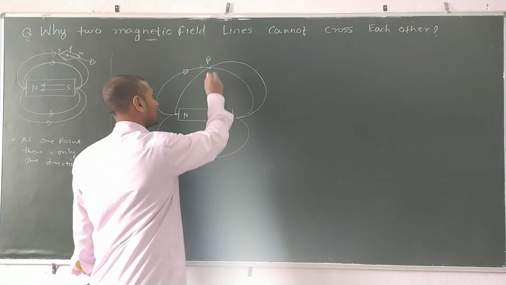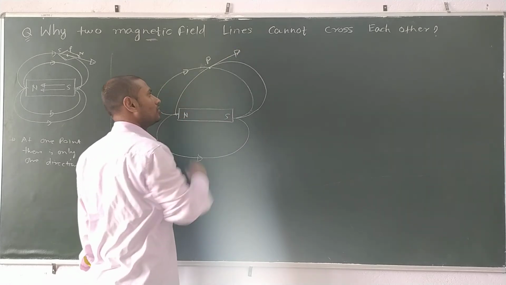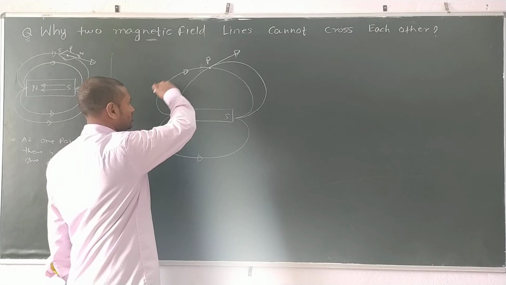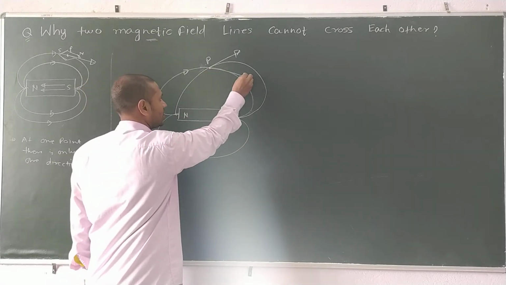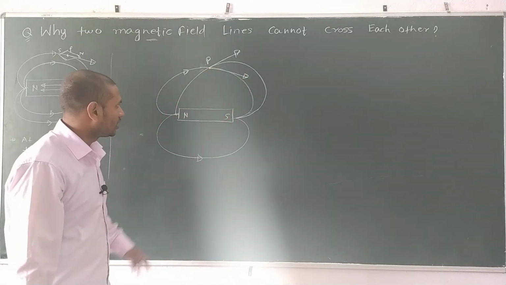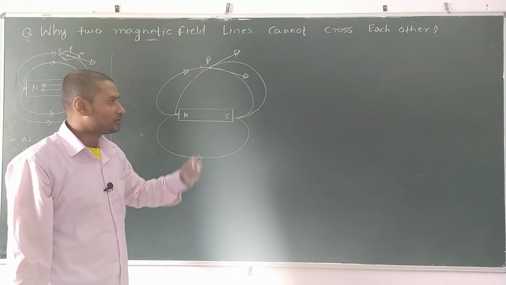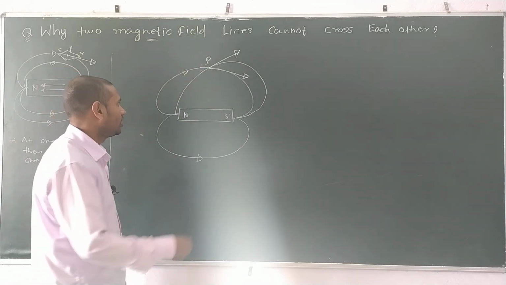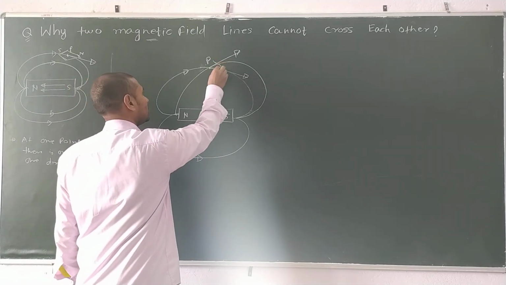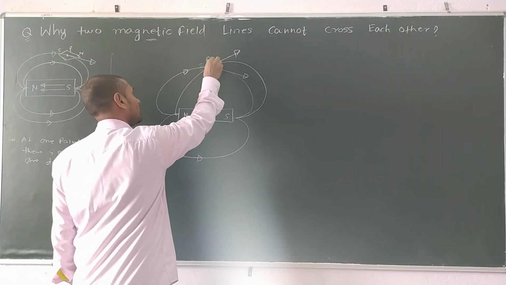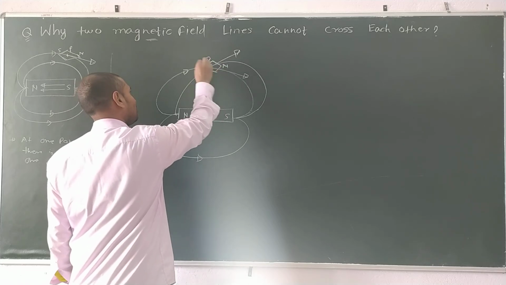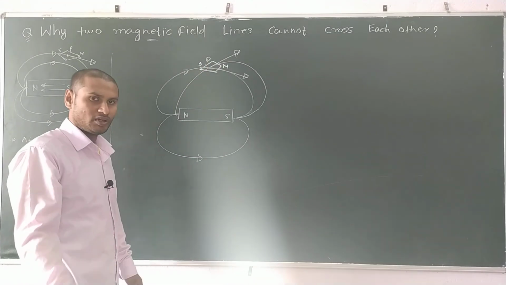Then we have to draw a tangent here. For this curve there is a tangent in one direction, but for the other curve there is a tangent in another direction. We see that two tangents can be drawn for the two curves, but if you put a compass needle here, the compass needle will indicate only one direction.